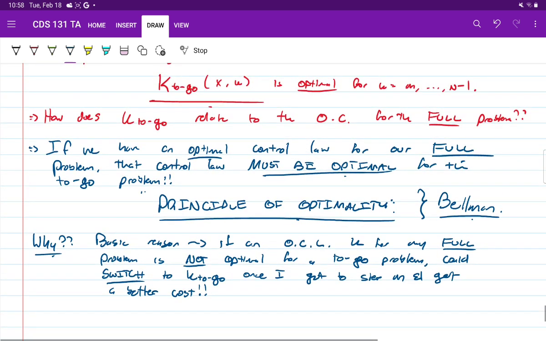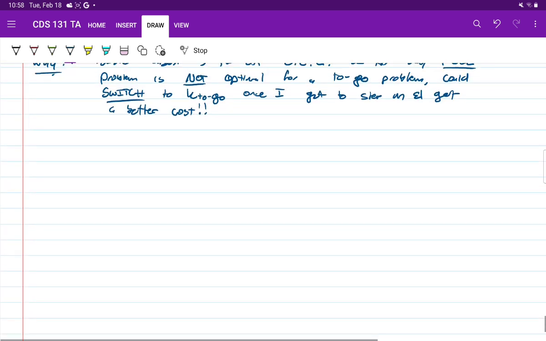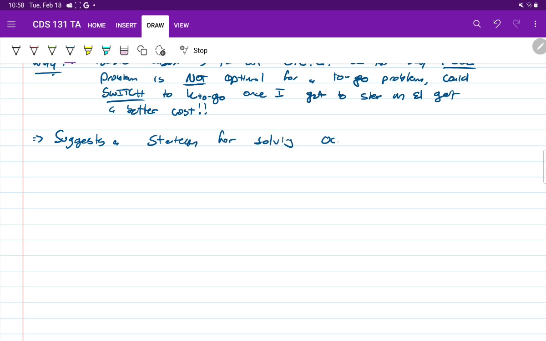Okay, so what this principle of optimality does is it suggests a strategy for solving optimal control problems.